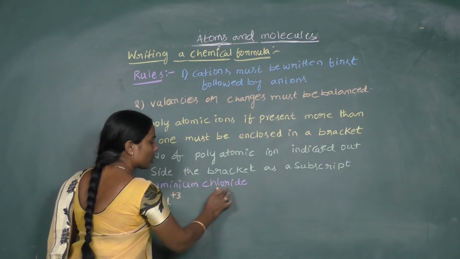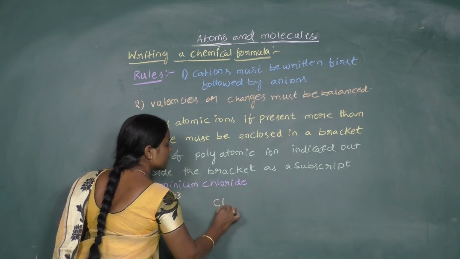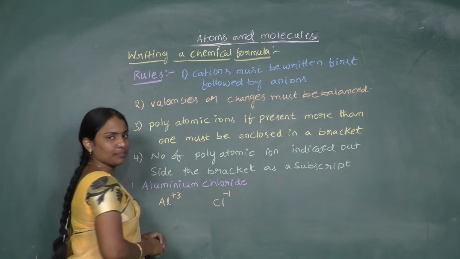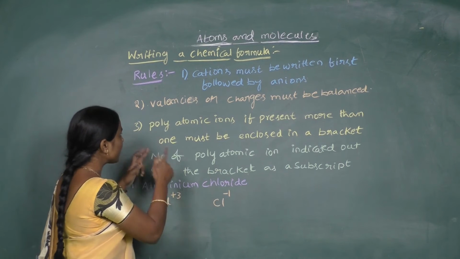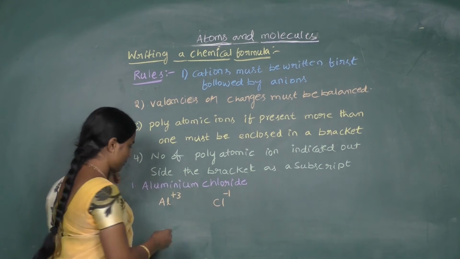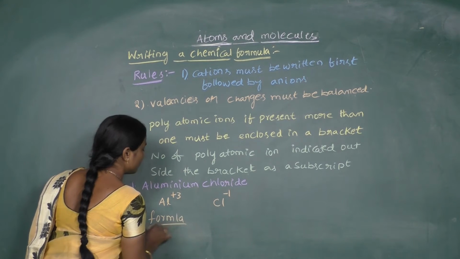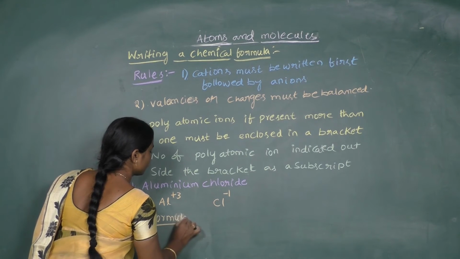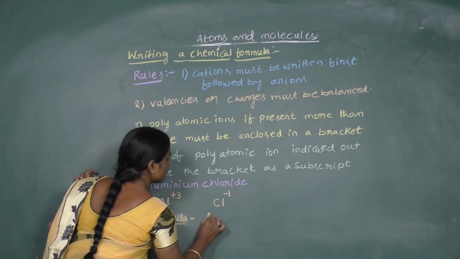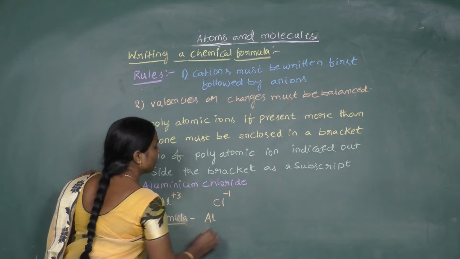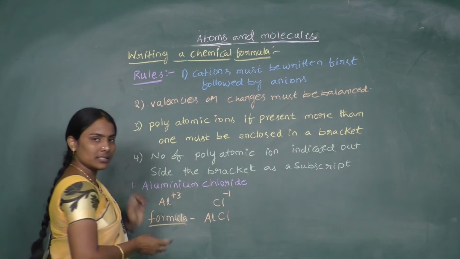And the chloride ion is Cl-. As per our rule we must write cations first. So the formula of aluminium chloride: first let us write Al and then Cl.